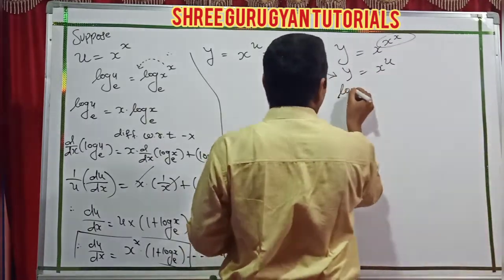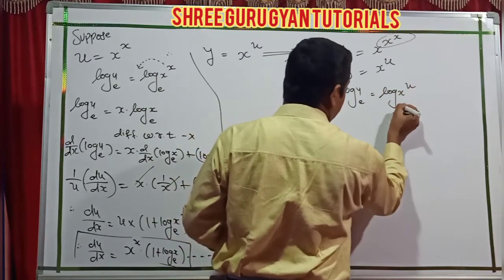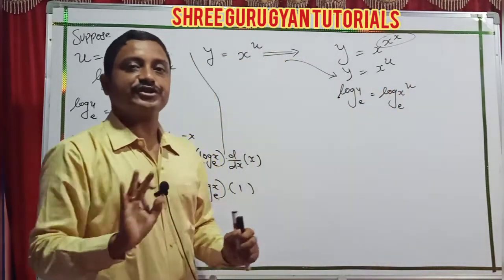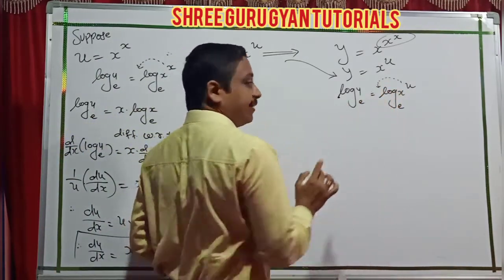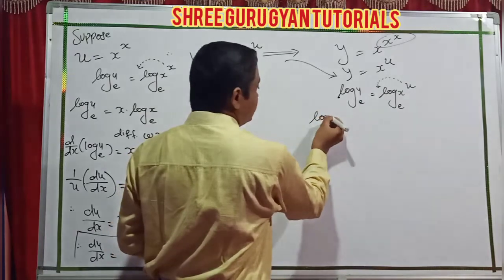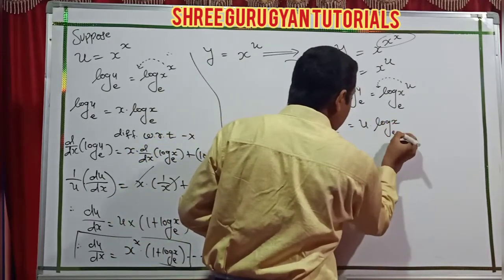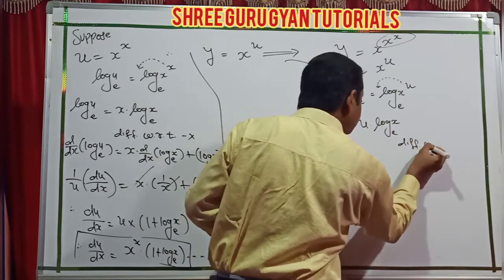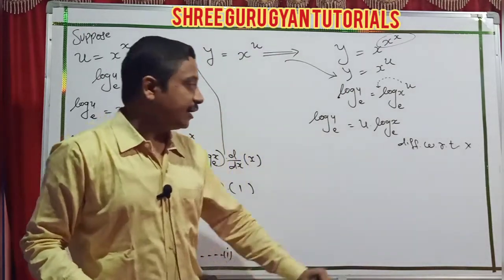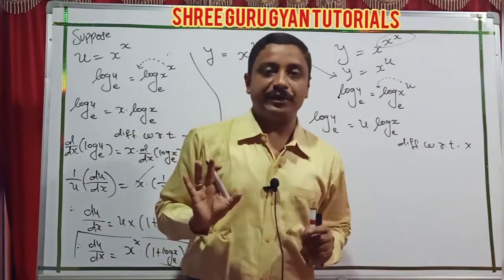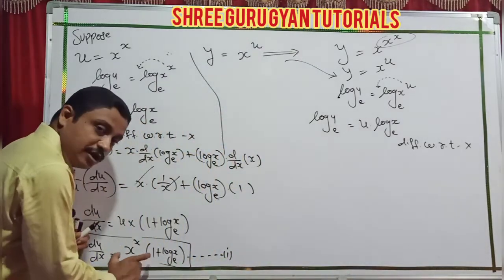Again take log of base e, x raised to u base e, and start differentiation. And take this y out on the outside. So log y base e equals u into log x base e, differentiation with respect to x, and apply the basic derivative. In this derivative you must utilize du by dx.